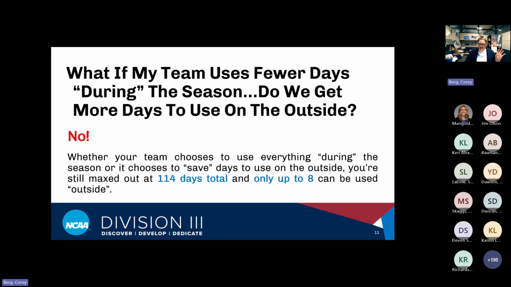So previous slide had some examples of how you can save, but let's say you had a swimming and diving team that only used 95 days during the season. Do they get, the math in my head, 19 days to use on the outside? Or no, that's not enough.